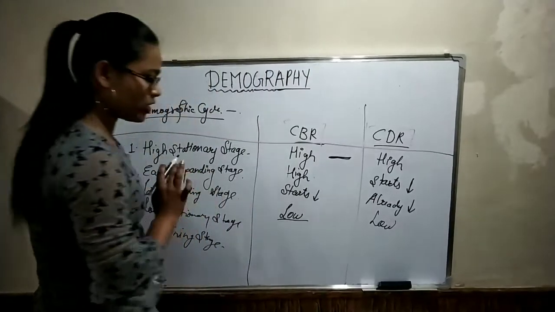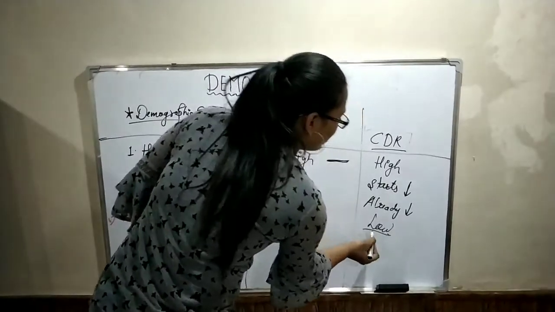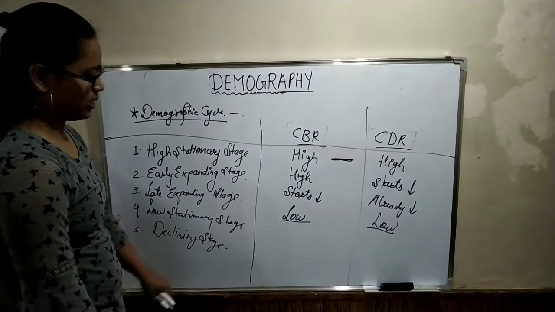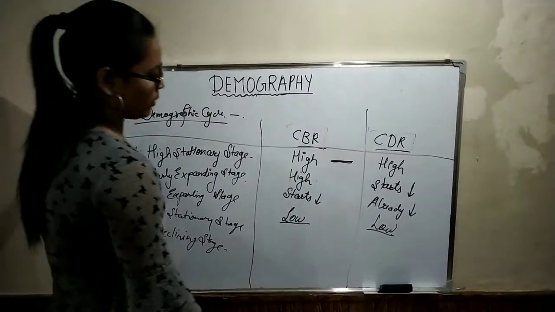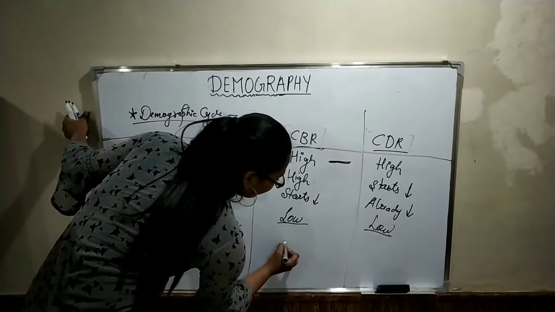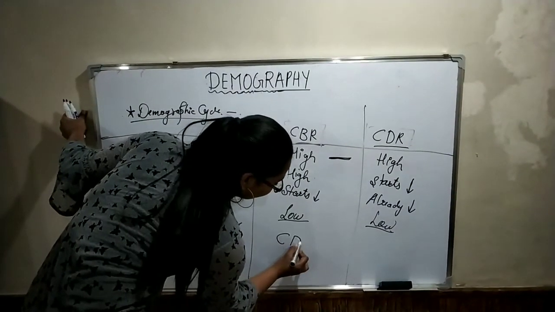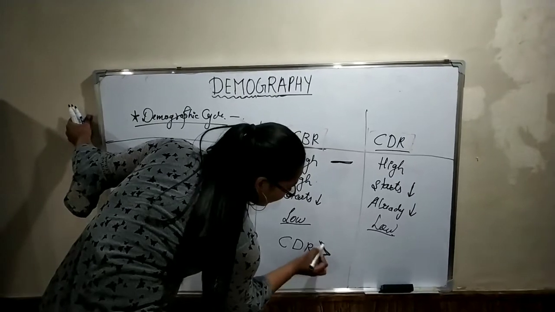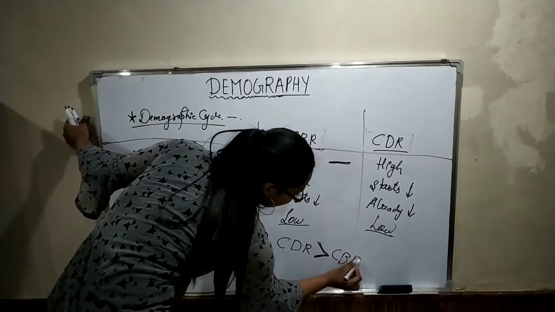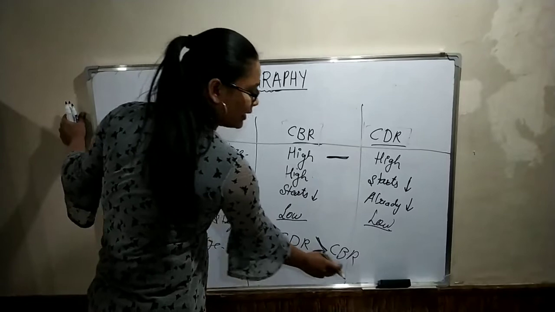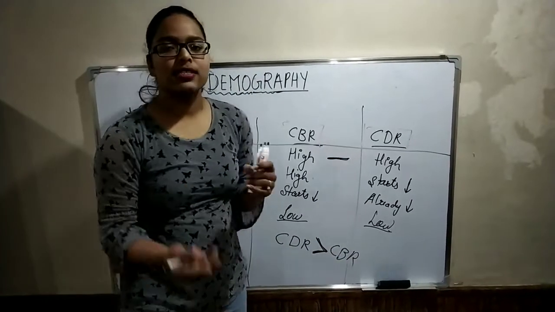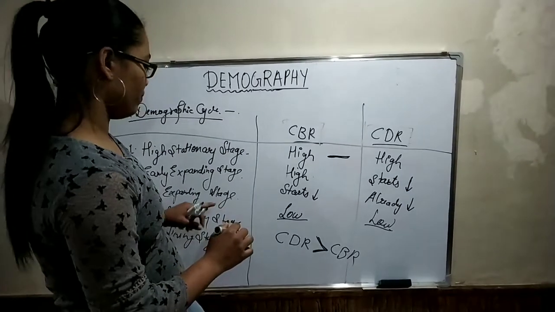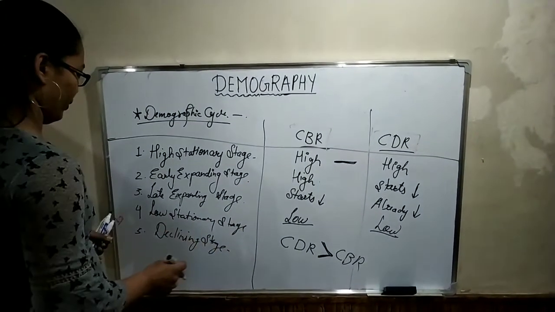So there will be stationary statistics in the population. Then comes the declining stage. In the declining stage, death rate CDR is very high than the CBR, then the population of the country starts declining.